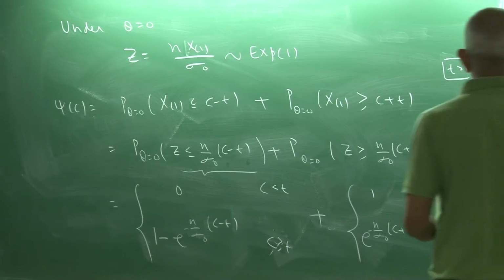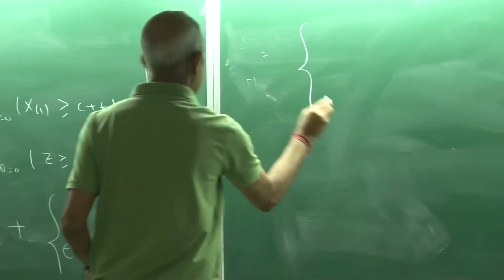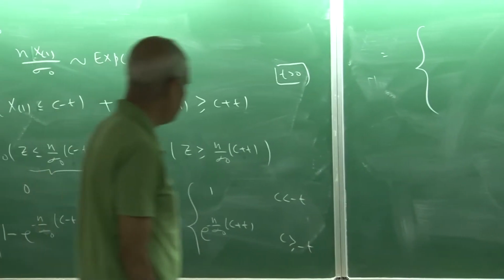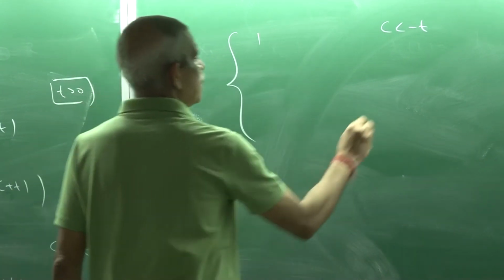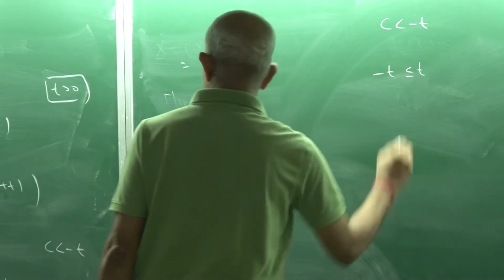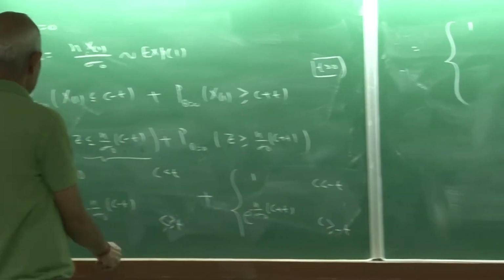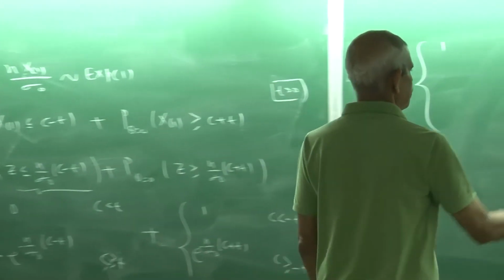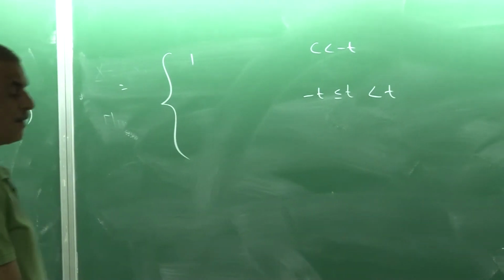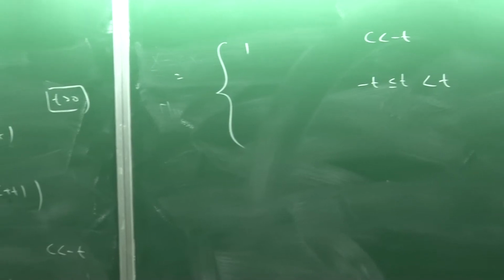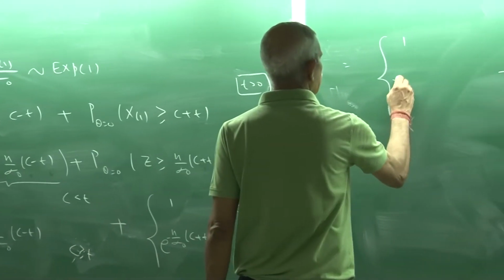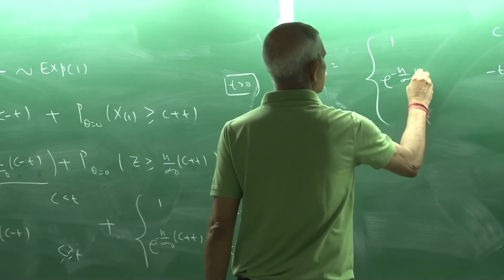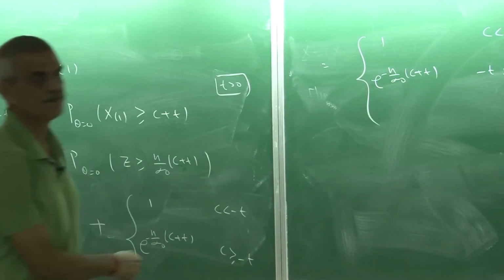So what does this become? So this has various branches. So one branch is c less than minus t. C less than minus t, this is 1. C greater than or equal to minus t and less than t. That means this and this. So e to power minus n by sigma naught (c plus t).